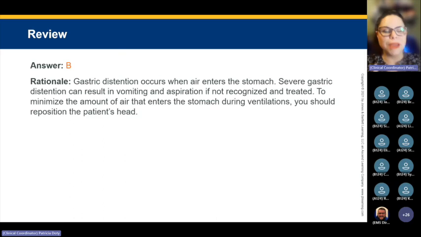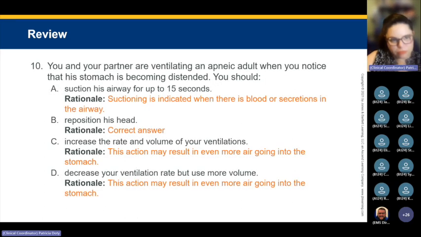So it's going to go the path of least resistance, and the trachea is more anterior than the esophagus. So air is going to go to the one that's not as blocked, so to speak.